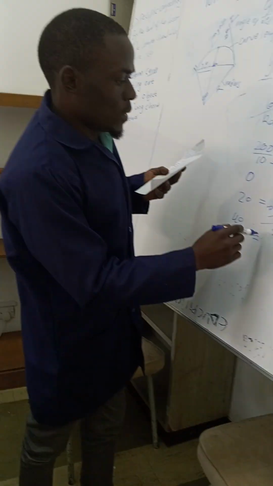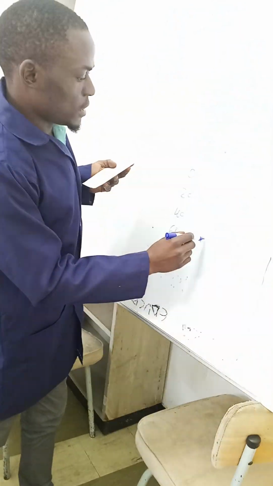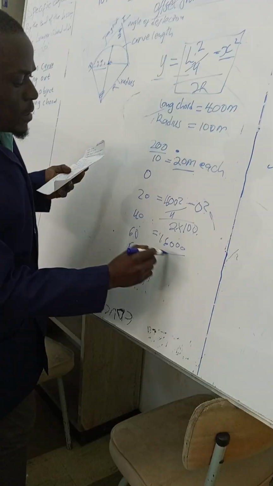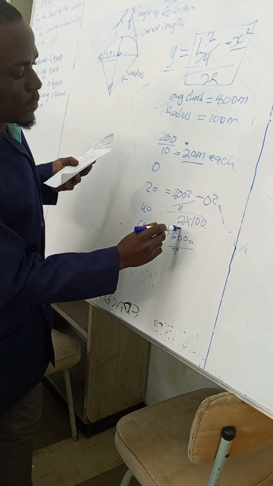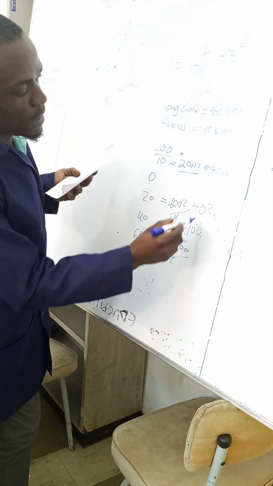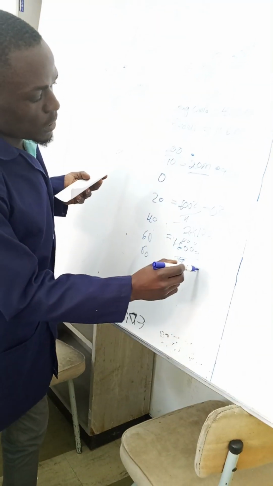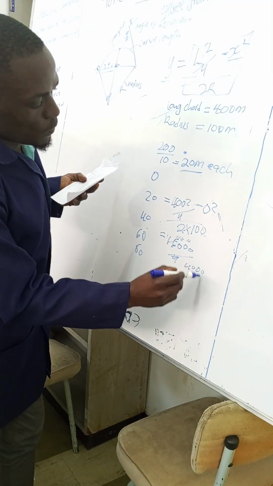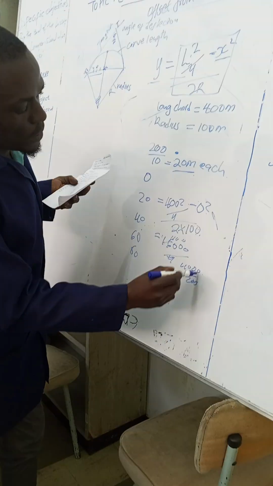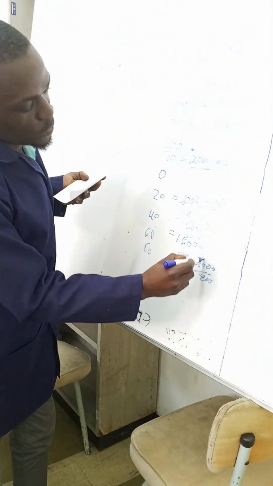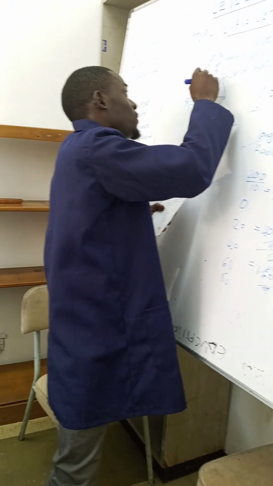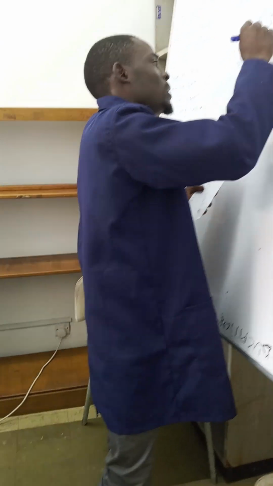When you calculate this, you'll find, let's say, 400 squared is 160,000 divided by 4, it will be 40,000. 40,000 minus 0 squared is 40,000. Divided by 200, we'll find 200. Now this first chord will be 200 meters.